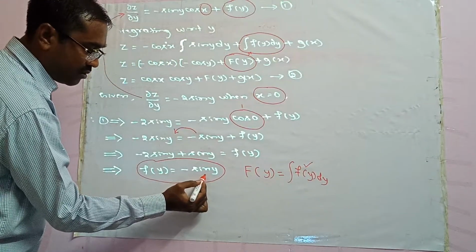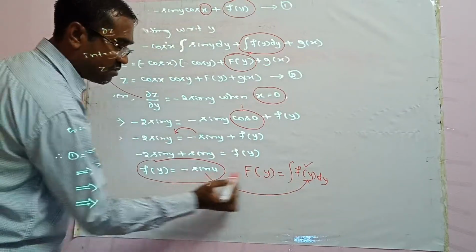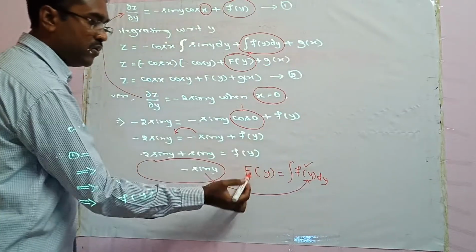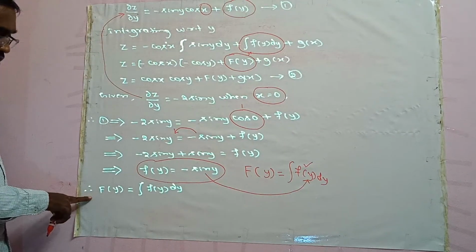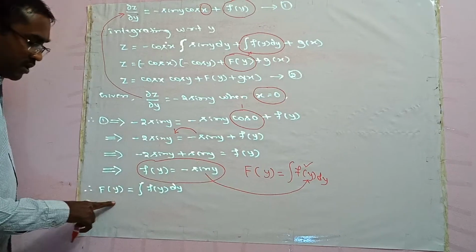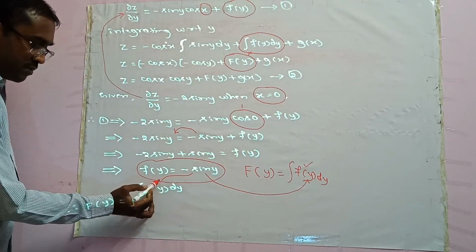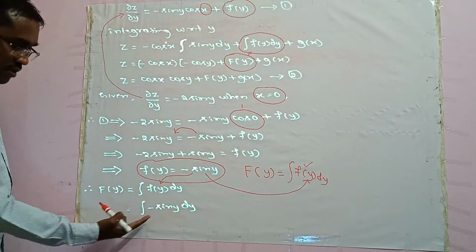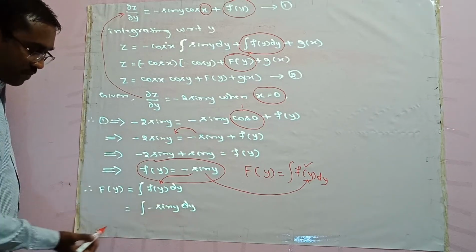Now let us replace small f of y with minus sin y and integrate. You will get to know capital F of y. Therefore, capital F of y is the integration of small f of y. Replace this here. Now what is the integration of sin y?